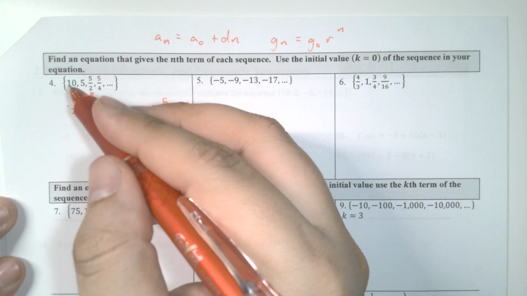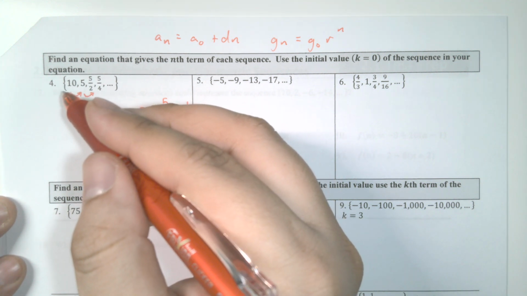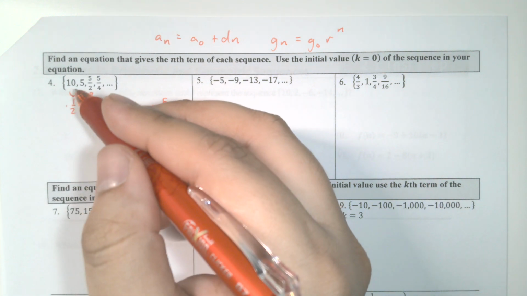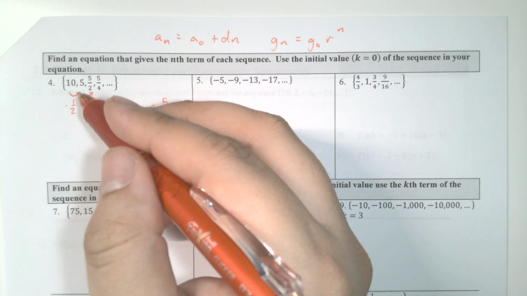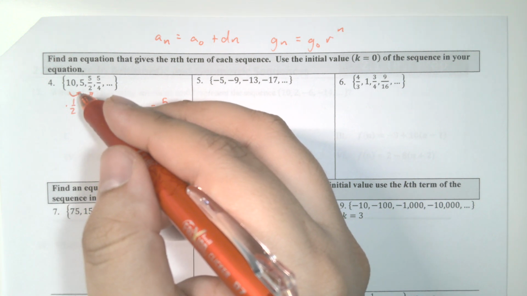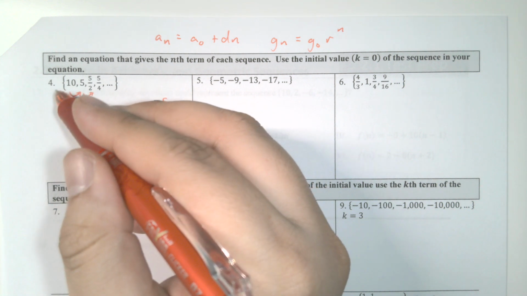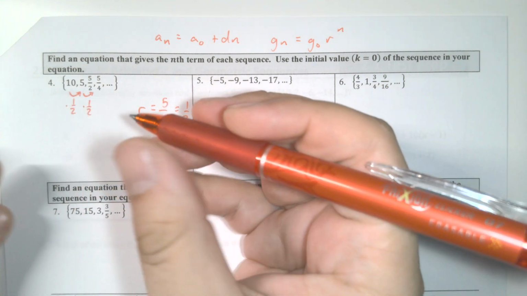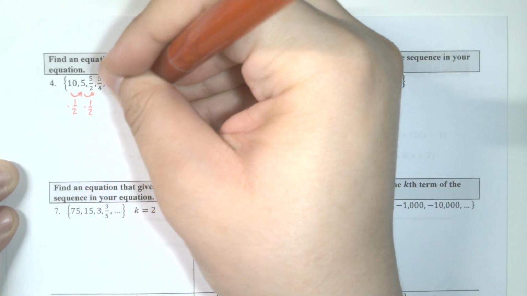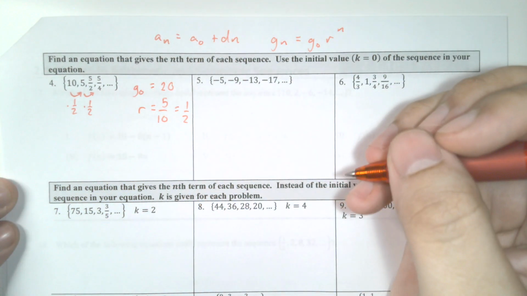And so, how do we figure out what g sub 0 is? Well, remember, if we are dividing by 2, then we do the inverse operation to work backwards. So dividing by 2 goes forward, so multiplying by 2 will go backwards. So if we have 10 and we multiply it by 2, that gives us 20. So g sub 0 is equal to 20.